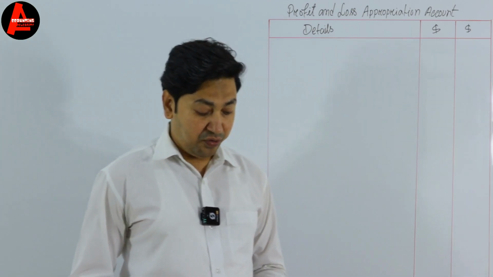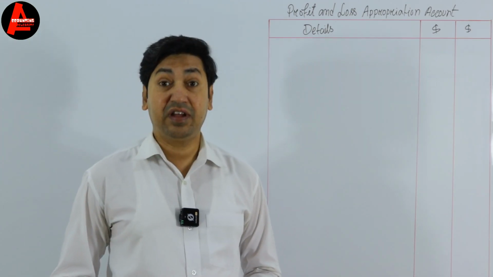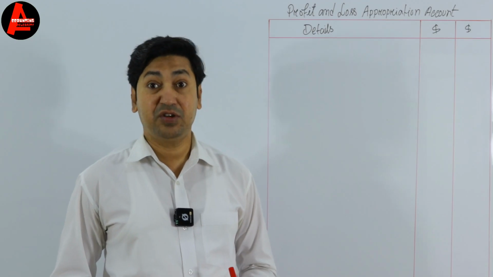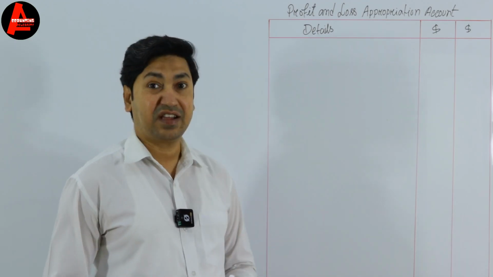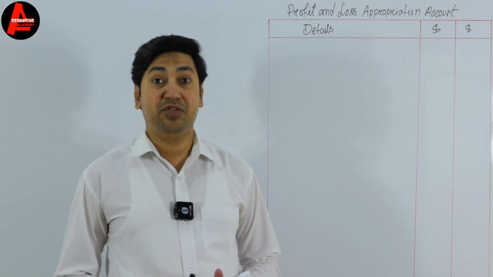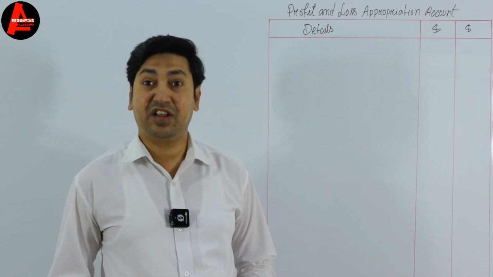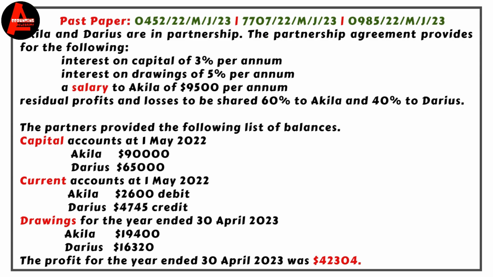So here we have profit for the year. This is our first item to record in this account, and it will be given in the question. The profit for the year ended 30 April 2022 was $42,304.